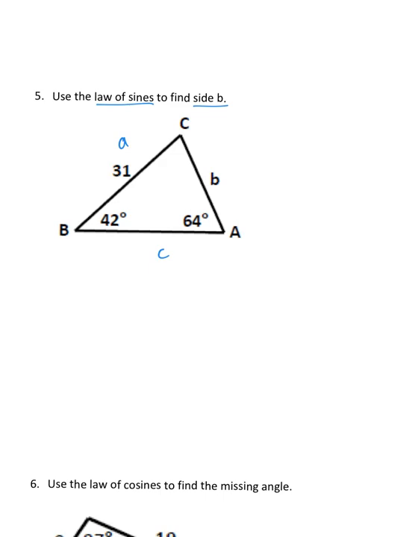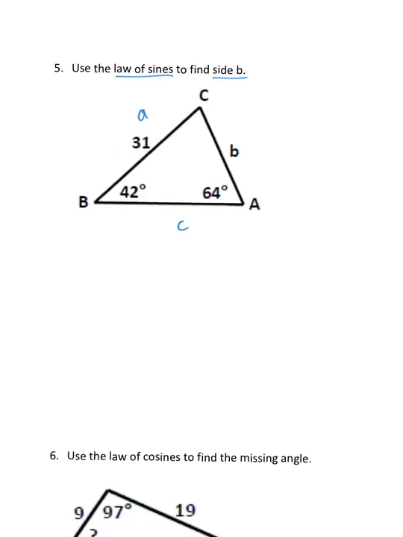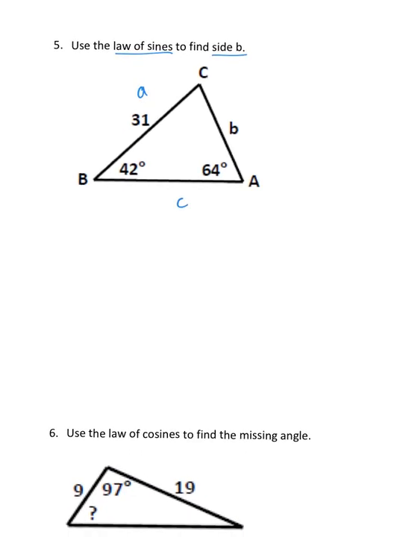So with law of sines, we're looking for side B. So the part of the formula that I'm going to use is little b, the side that I'm looking for. Remember that small letters are sides and big letters are angles. So I'm going to take little b over sine of big B because I am looking for side B. That's why that's my first fraction.